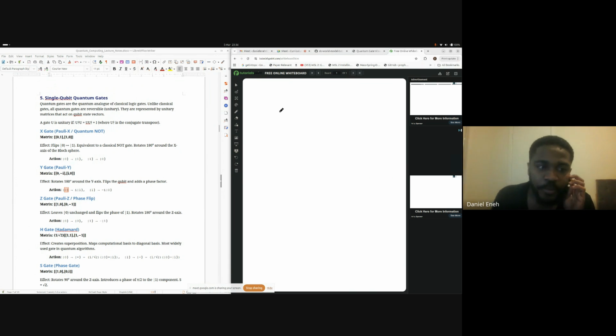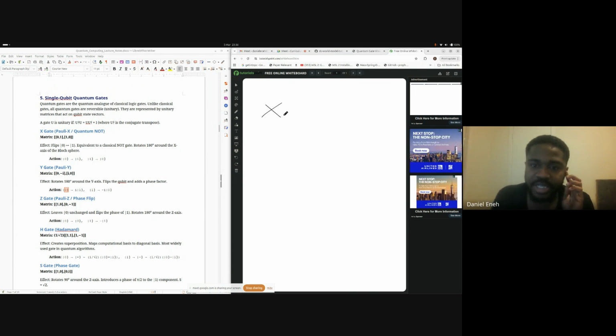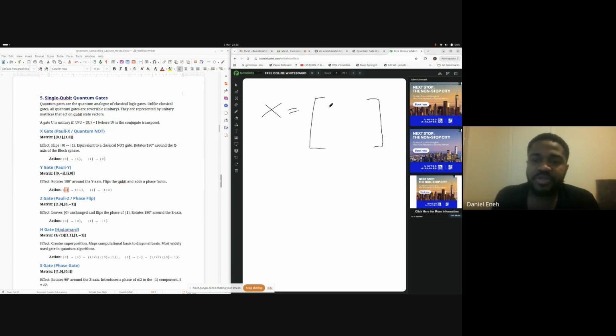So for the X gate, this is the matrix that defines the X gate. You have 0, 1, 1, 0.